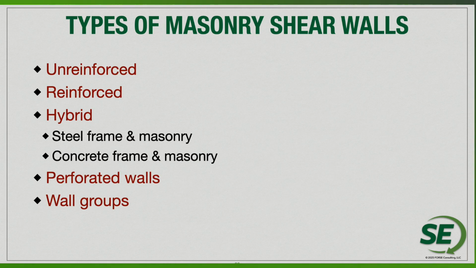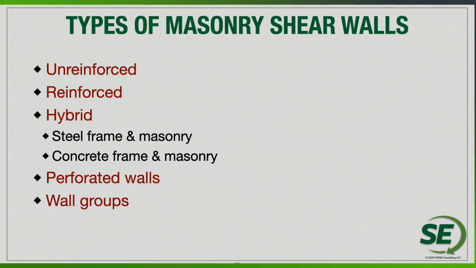Different types of walls. Again, we can't have an unreinforced concrete masonry shear wall, unless we can keep everything in compression, if we have more vertical load and stresses than we have lateral forces. Now, this can happen if there's a high amount of vertical load for certain, but it also can happen if the lateral load or the in-plane shear force is fairly minimal relative to the weight of the wall.